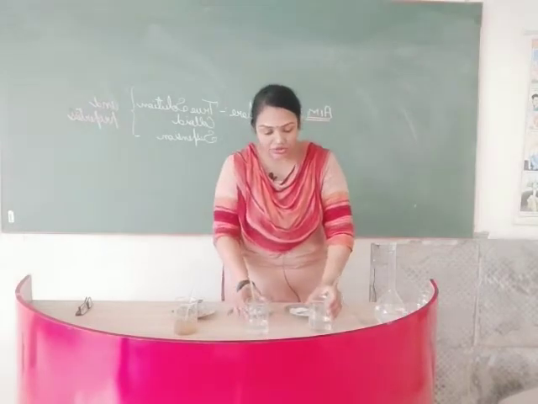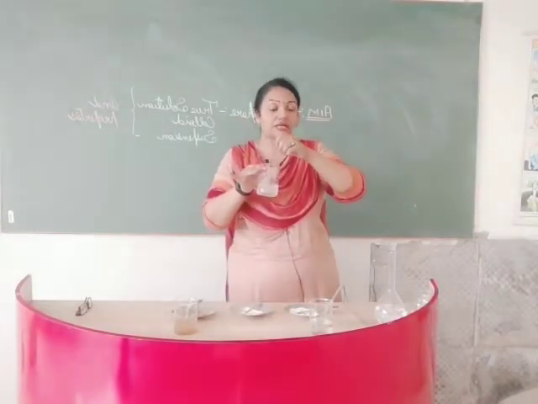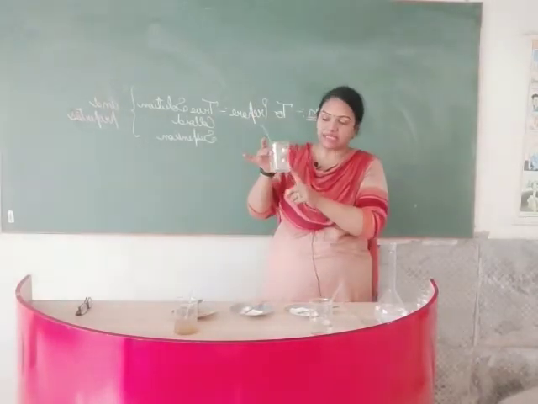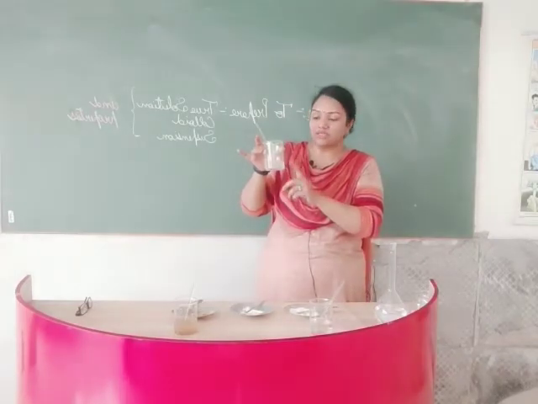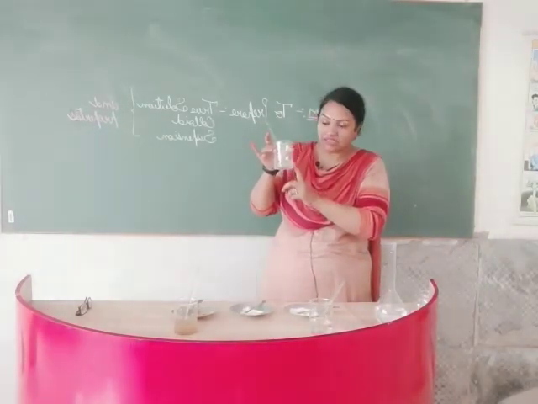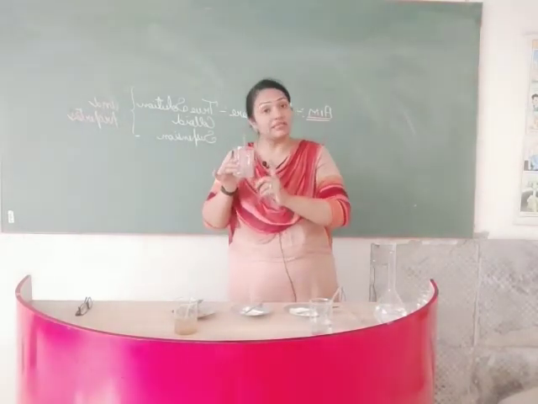Okay. When I am talking about this mixture, this is translucent. Why? Because the particle size is approximately 1 nanometer to 100 nanometer. This solution is looking like it is homogeneous.